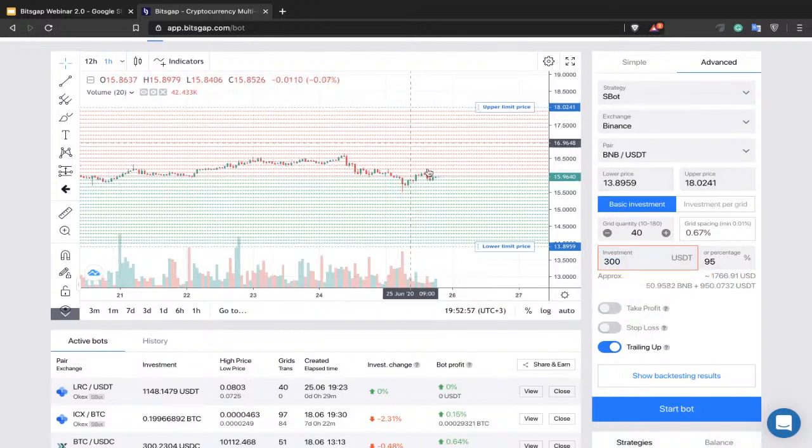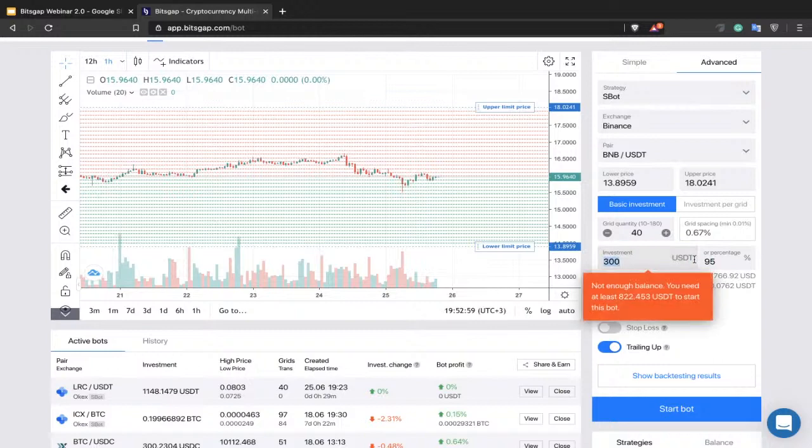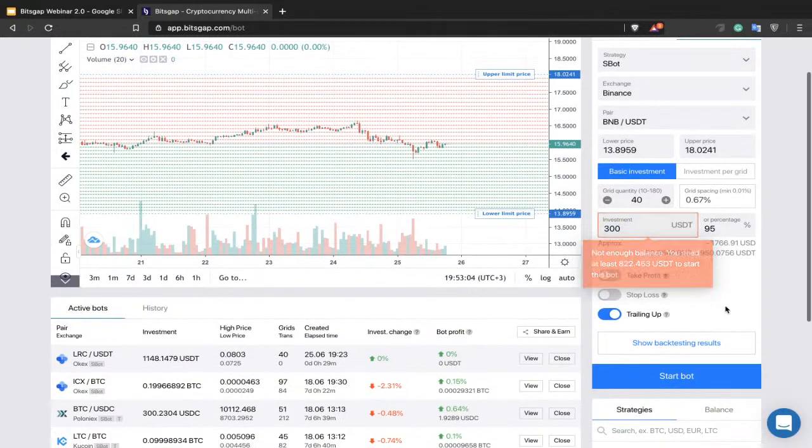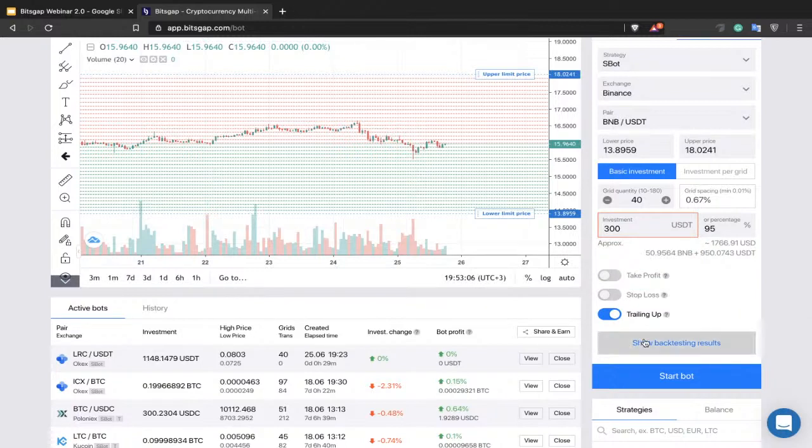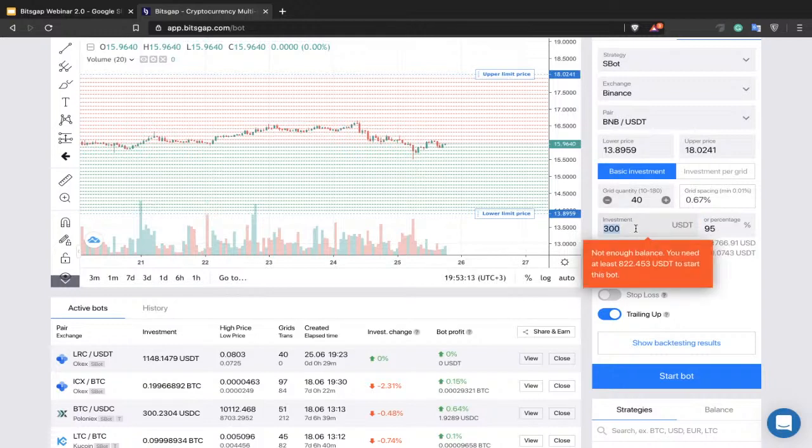All right. But don't worry, we have this feature, it's just that it's lagging for some reason right now. Otherwise, there is a message which pops out here, and it's telling you that you can adjust grid quantity so that you would be able to allocate the investment value of your choice.